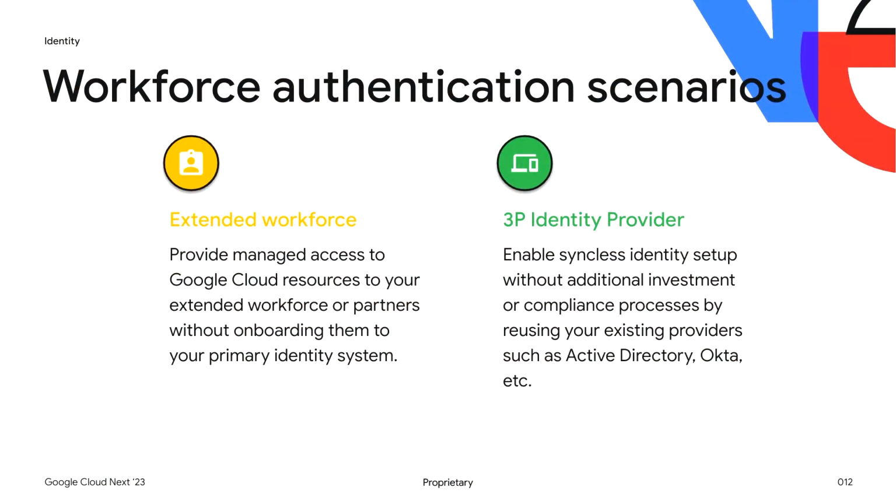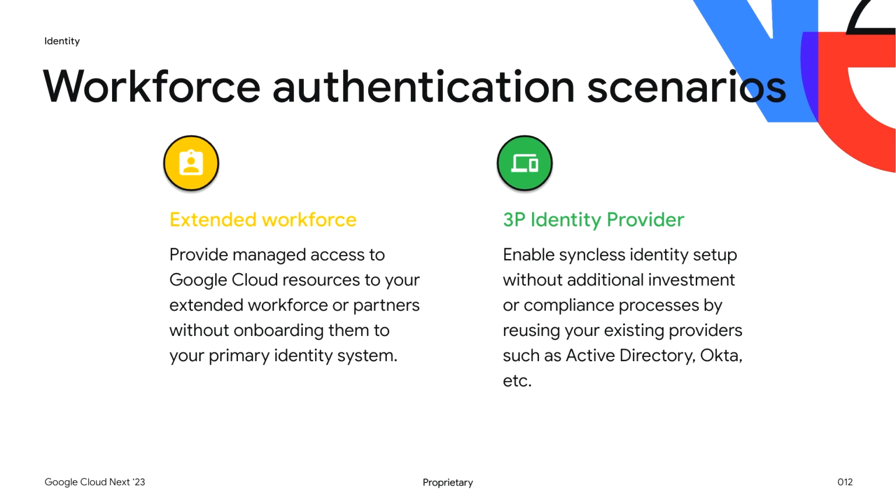Many customers who use GCP today already use Cloud Identity. Cloud Identity offers the capability of synchronizing your existing identity provider, so your users and your groups get synchronized over to Google Cloud, and then you can start managing your Google Cloud services.